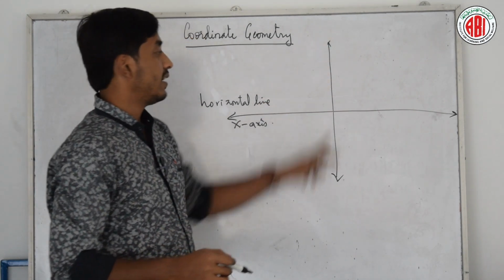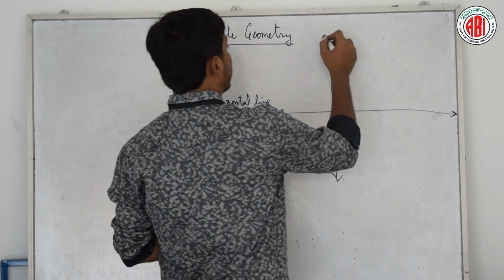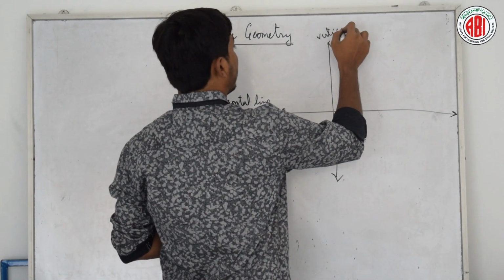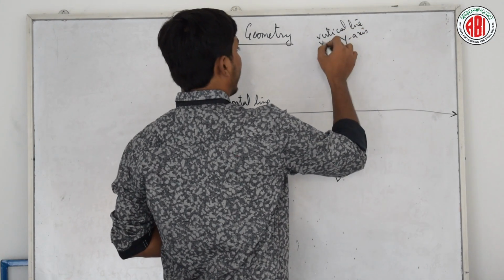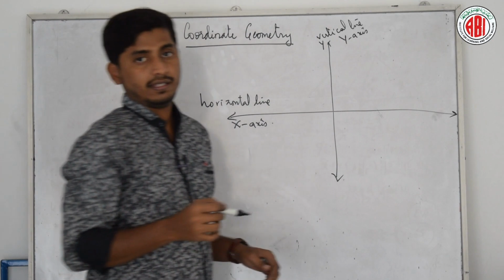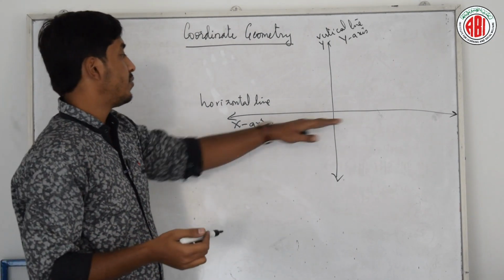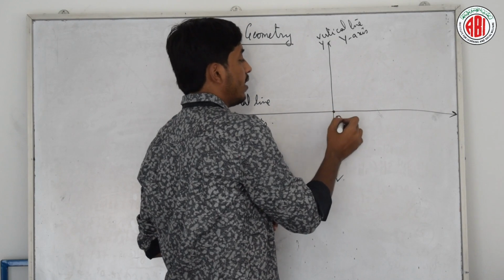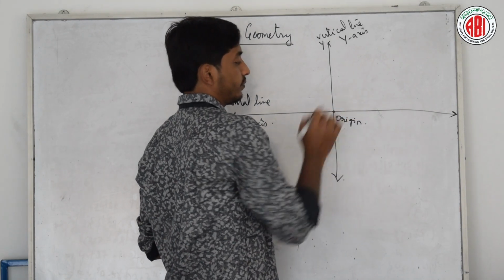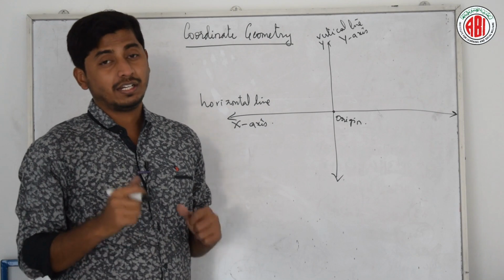Clear? What about this? This is the vertical line, simply called the y-axis. Yes or no? Both the x and y axes meet at a point. This is called the origin. Is it fine? Did you understand?